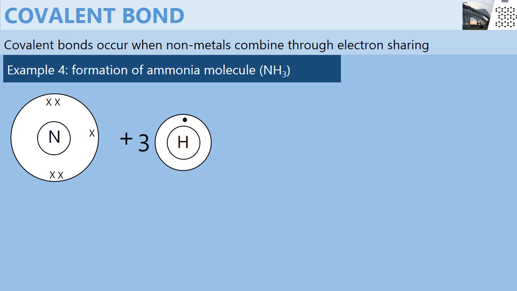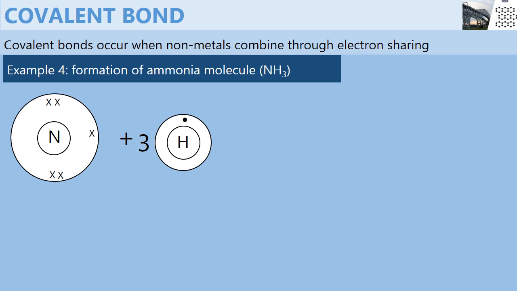Now we are only considering the outermost energy levels in this case. So 1 nitrogen and 3 hydrogen atoms. Now nitrogen requires 3 electrons to obtain a stable configuration, while hydrogen requires 1 extra electron to obtain a stable configuration.